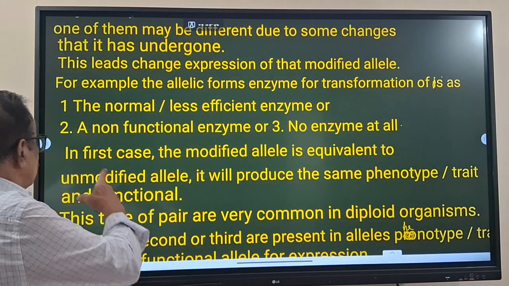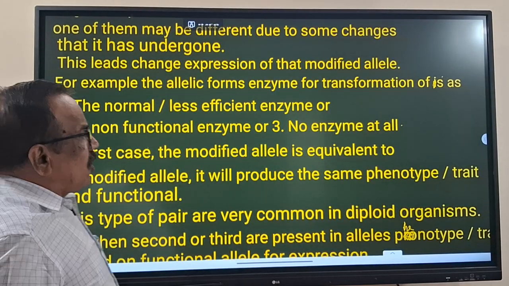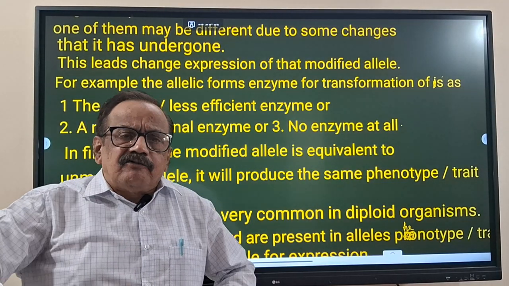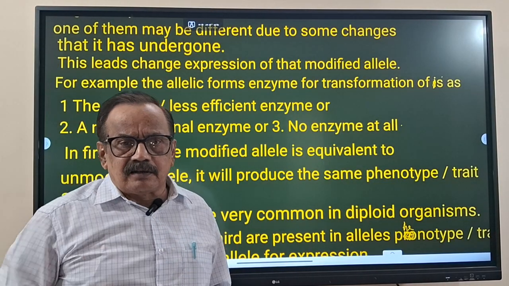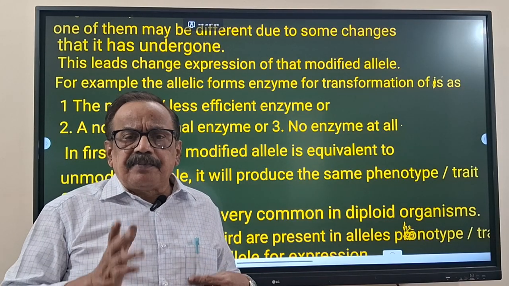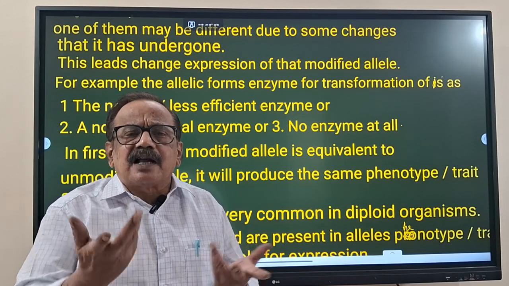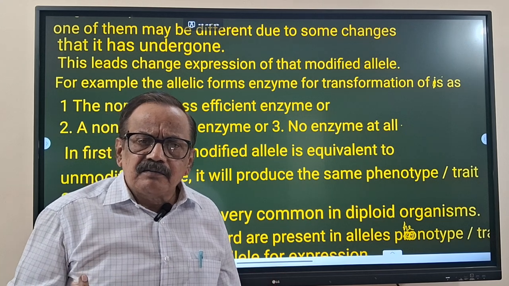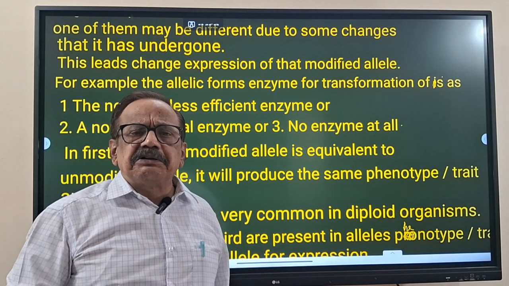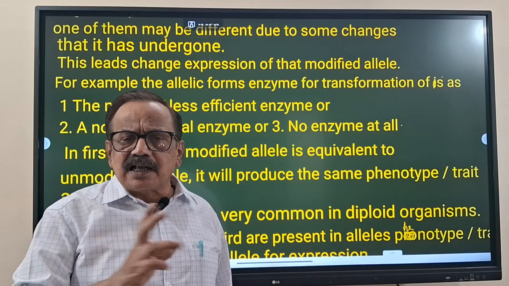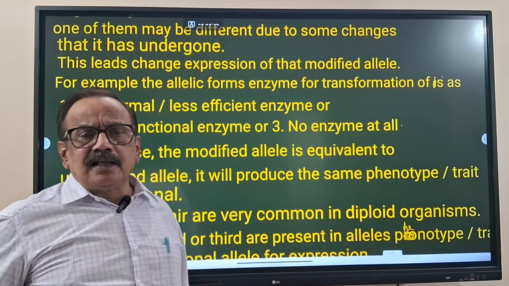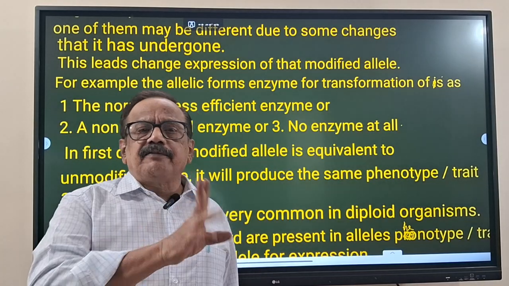And the next, the third point, is no enzyme at all. Whenever the transcription is going on, the second or third triplet might have become a stop codon, so transcription won't be taken, translation won't be taken. But it is present in the allele, the pair of alleles.